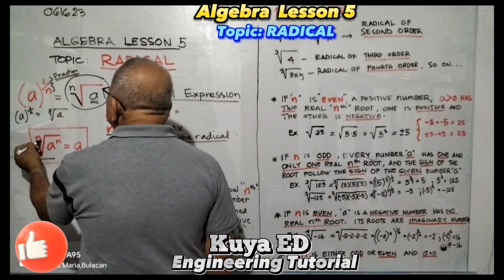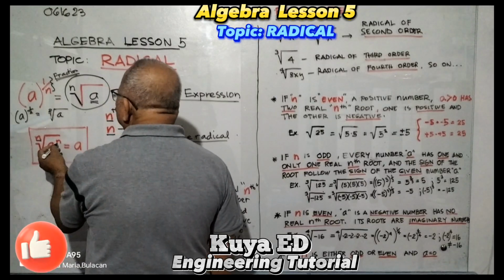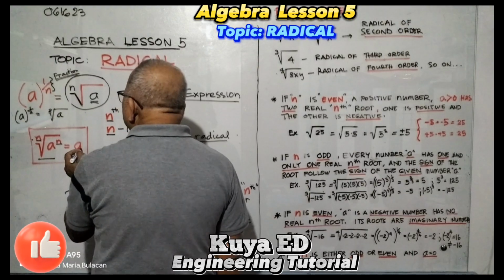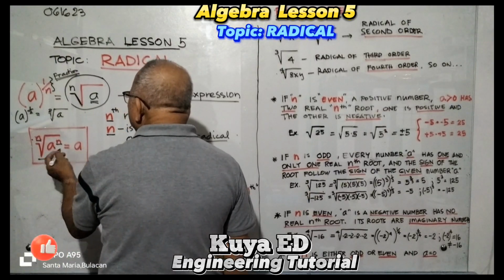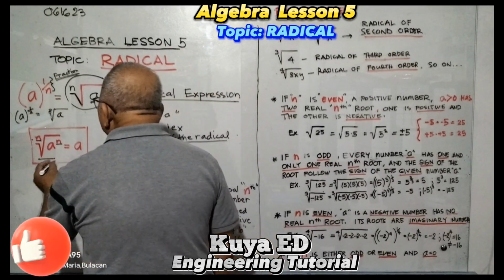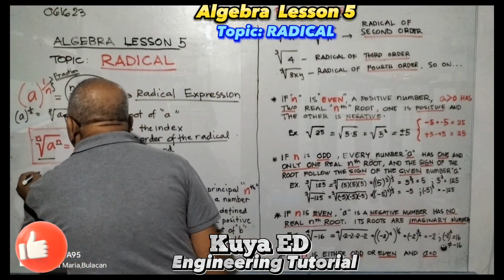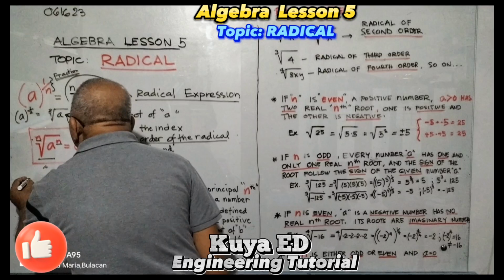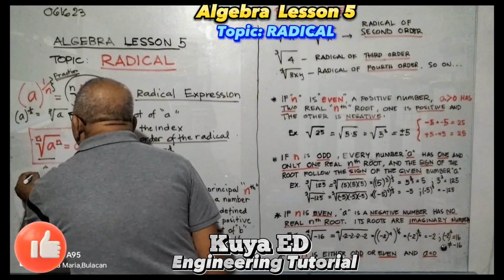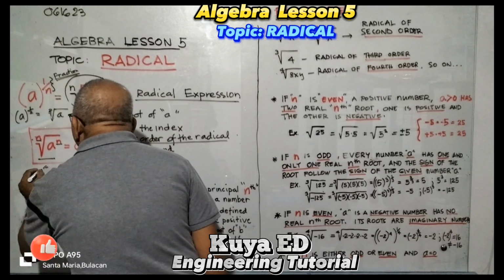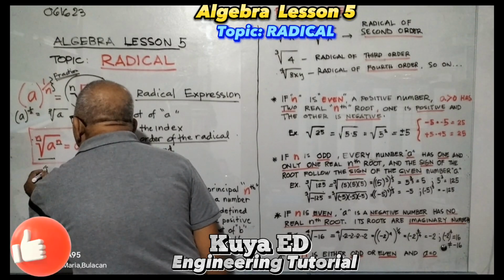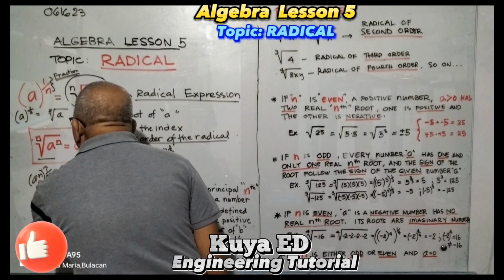If the index is n and the power of the radicand is n, so therefore that will become A. So, A to the n, that expression is now equal to A to the n raised to the 1 over n.